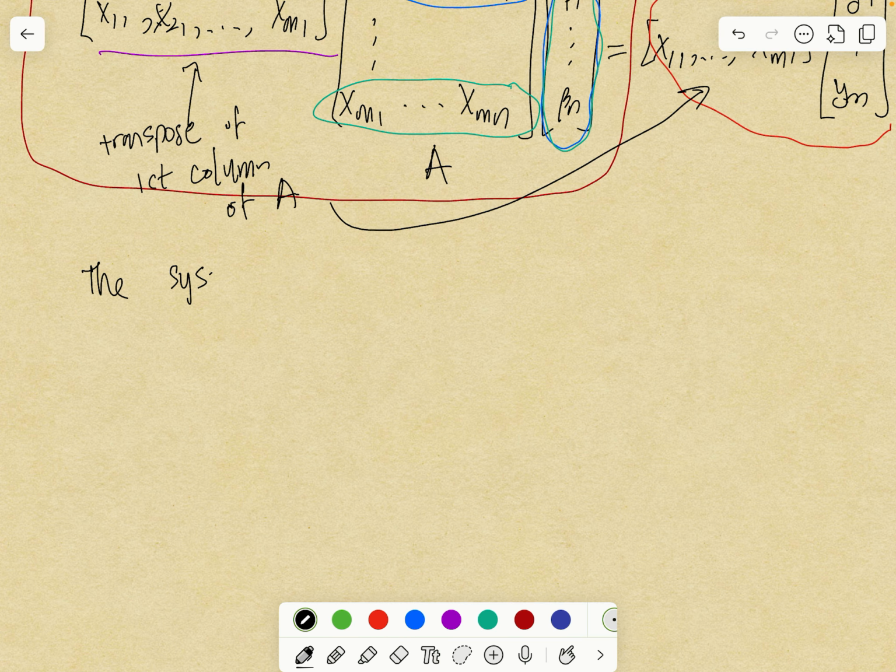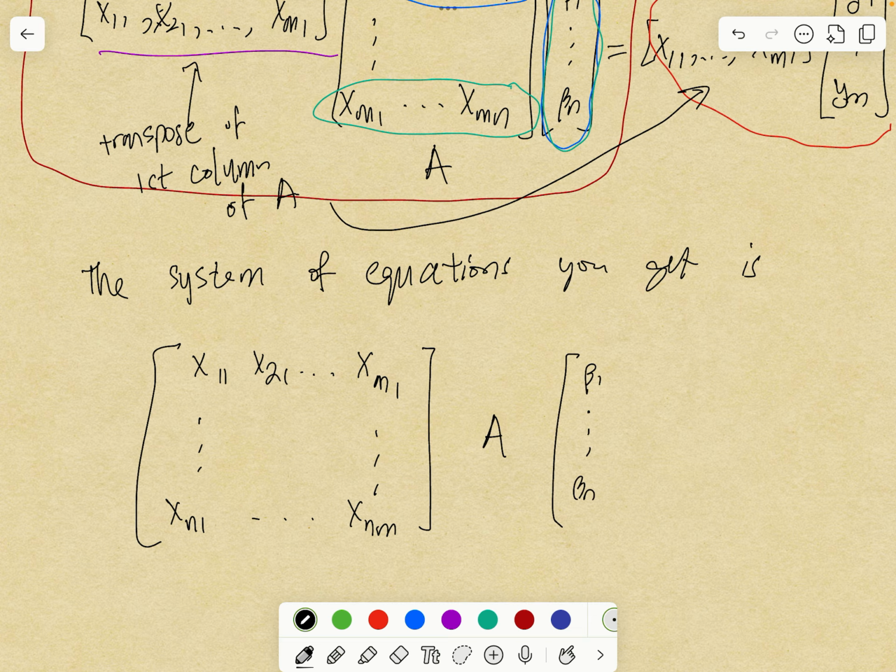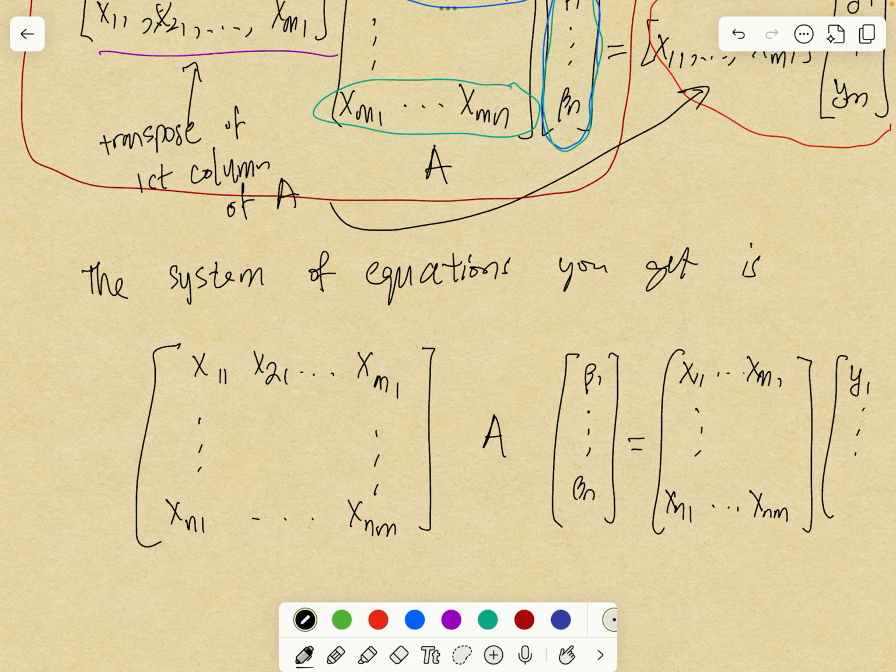So the system of equations you get is, if you put it all together, x11, x21 to xm1, and all the way to xn1 to xnm, times A, times beta 1 to beta n equals this matrix times y1 to ym.